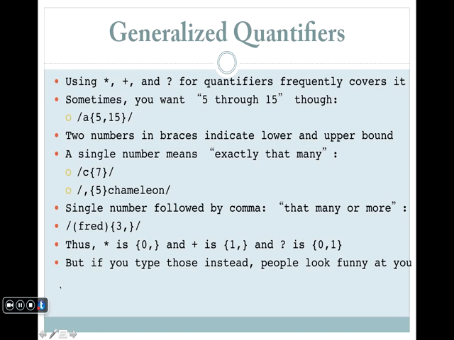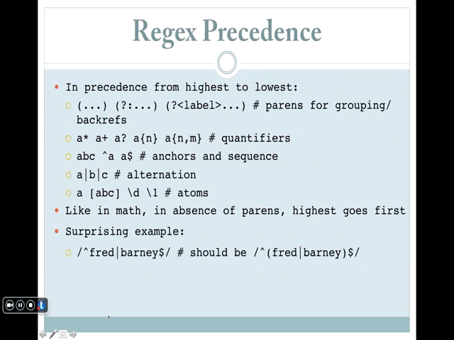So here we'll match Fred, Fred, Fred, or Fred repeated many more times. You got the picture. Now you can substitute, as you can see, the star with 0 or more. So this is how it's equivalent to the star, 1 or more will be equivalent to the plus, and 0 or 1 will be equivalent to the question mark. However, don't use it because it will look funny.